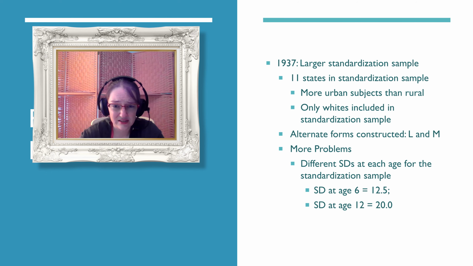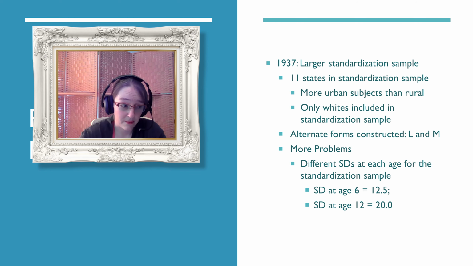There are still problems with this. There were different standard deviations at each age for the standardization sample. For example, the standard deviation at age 6 was only 12.5, while at age 12 it was 20. This meant that IQs at different ages weren't comparable.